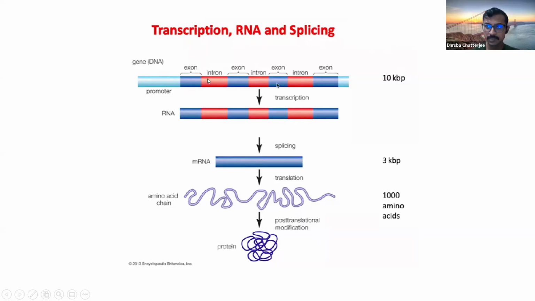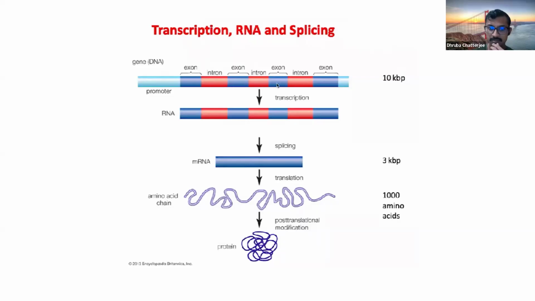Typically the intronic sequences don't code for the amino acids that are present in the proteins. So from this pre-mRNA, which consists of both exons and introns, the intronic regions are cut out, and only the exonic regions are stitched together to form the mature mRNA. And this process is actually called splicing. So the introns are spliced out.